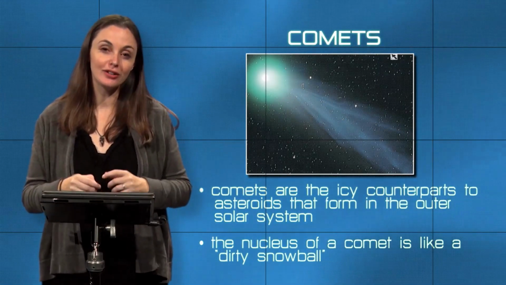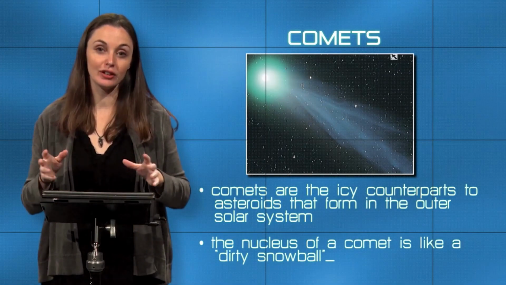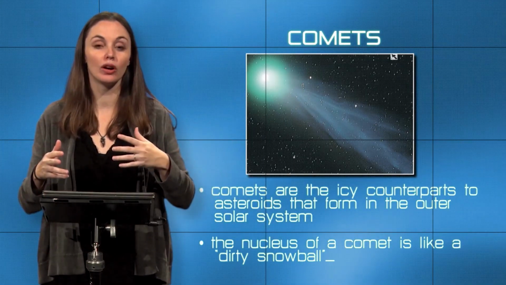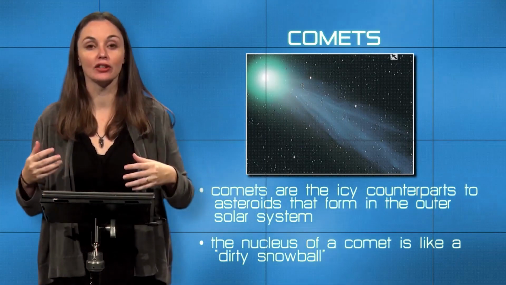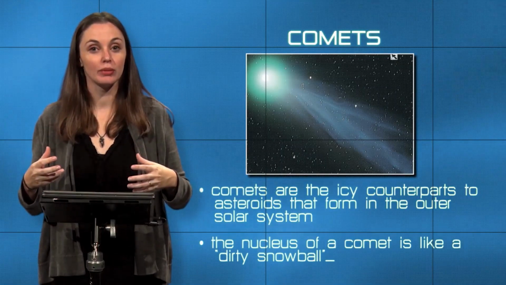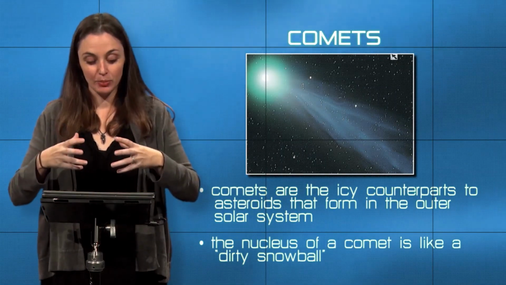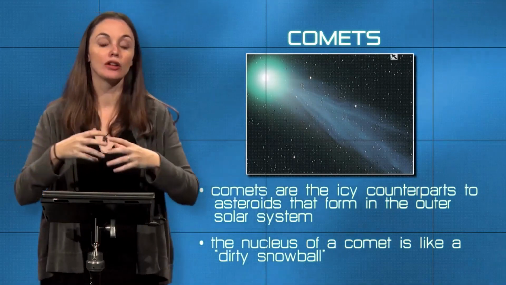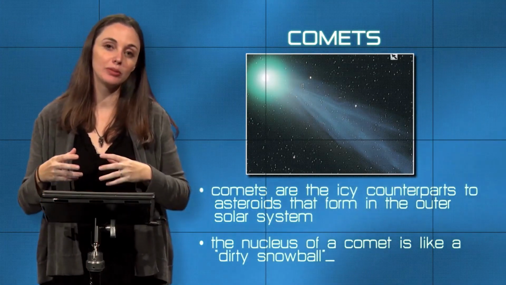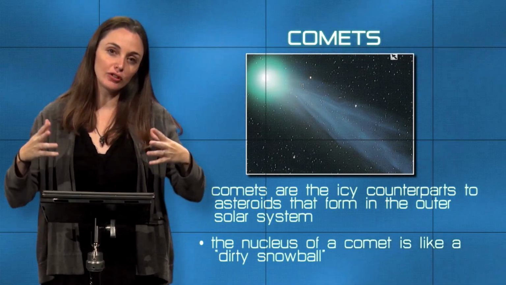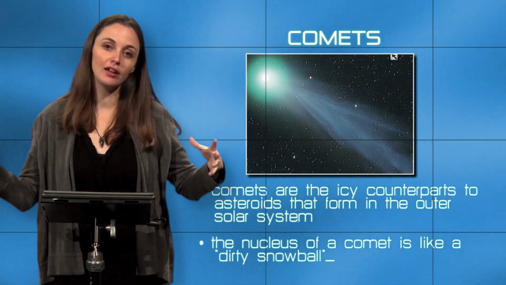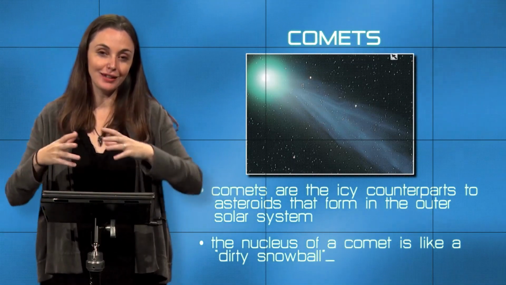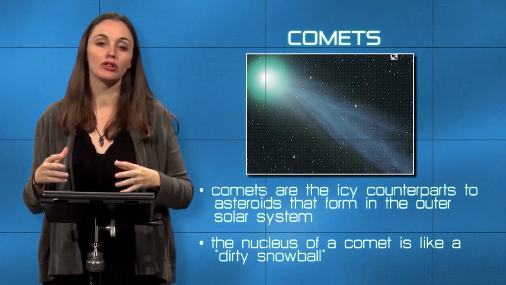So because the temperatures, even in the early days of the formation of the solar system in the outer solar system, allowed for the condensation and solidification of some of these hydrogen compounds, these became components that built comets as well as Jovian planets. And the difference being that as you get further and further away from the sun, these objects become more scarce and more distant from each other.